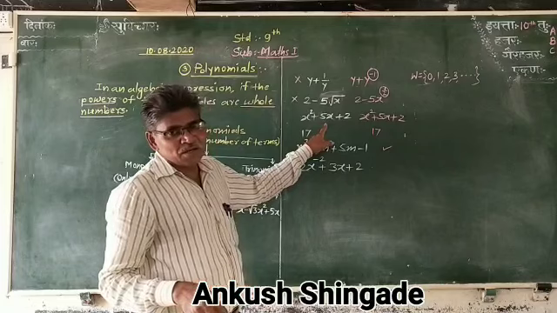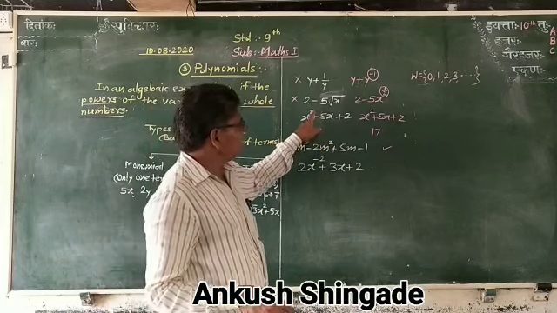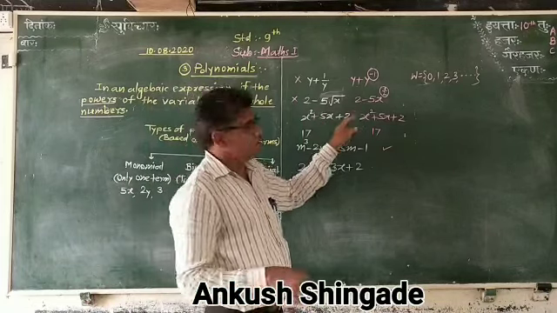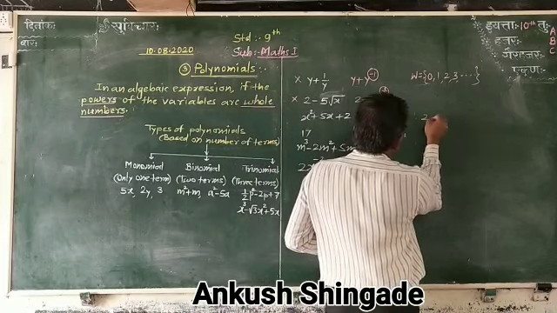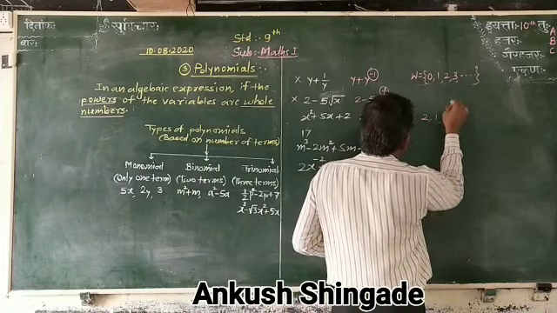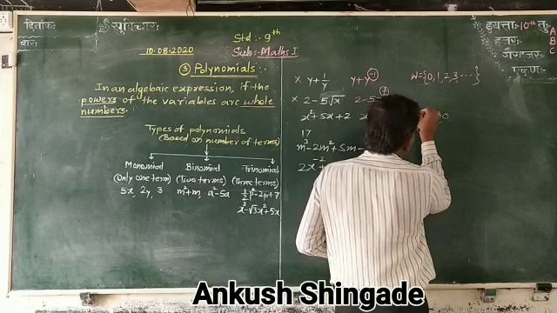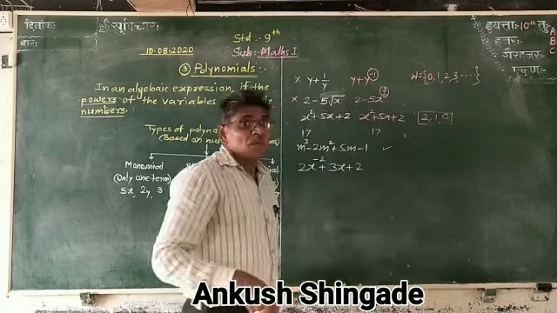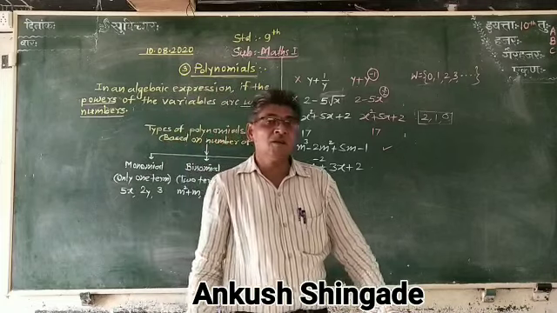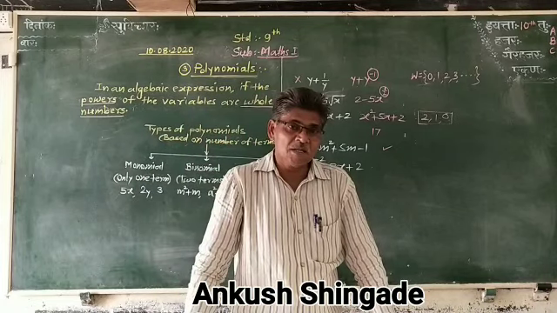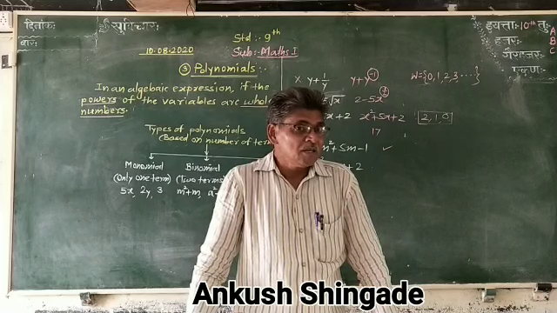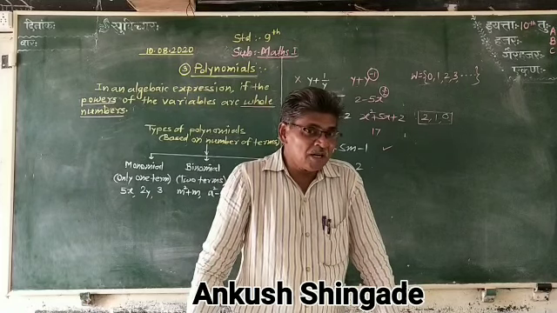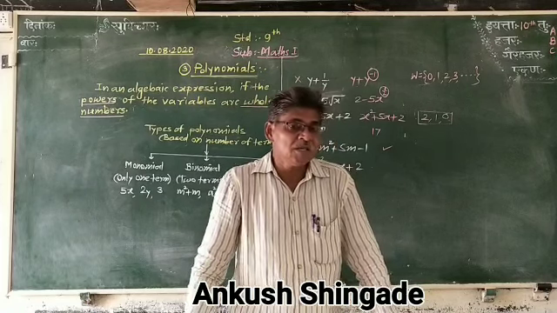In this example, the powers are 2, 1 and 0. All are found in the set of whole numbers. It means that the powers of variables are whole numbers.